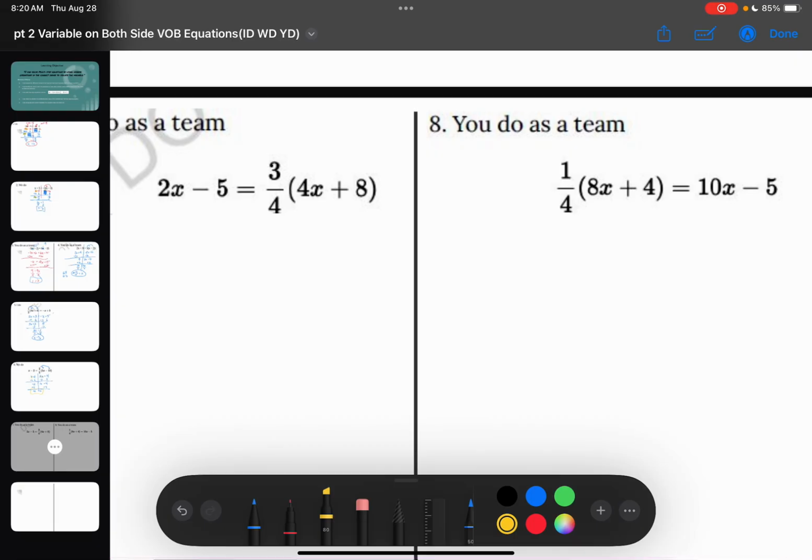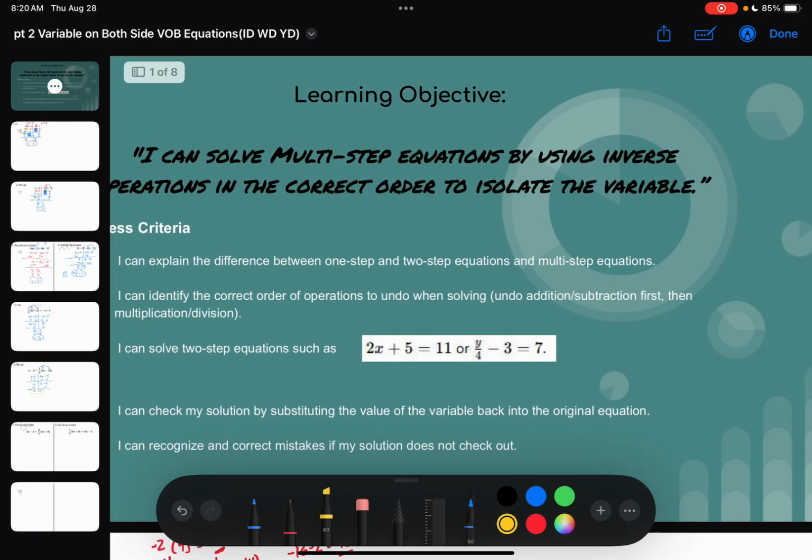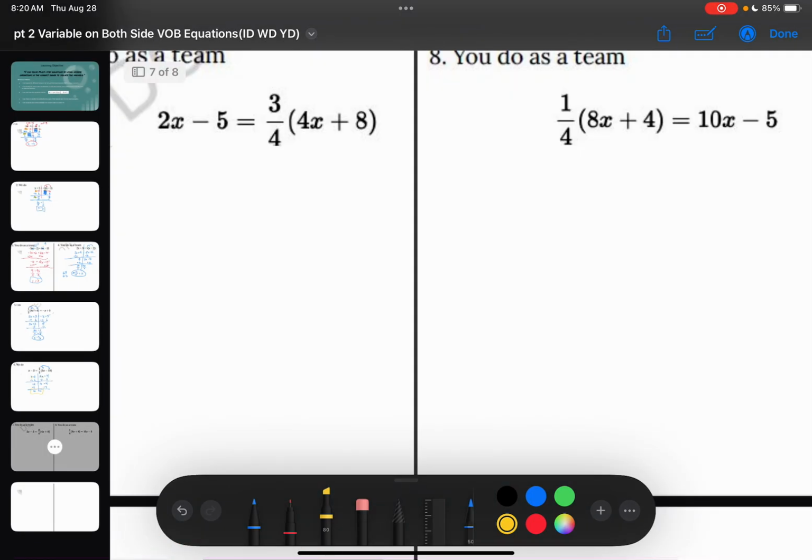All right, we should be back. In this first one, I would multiply by 3/4. 3/4 of 4 is 3, and 3/4 of 8 is 6. Again, if you turned this into 0.75, you'd get the same thing.